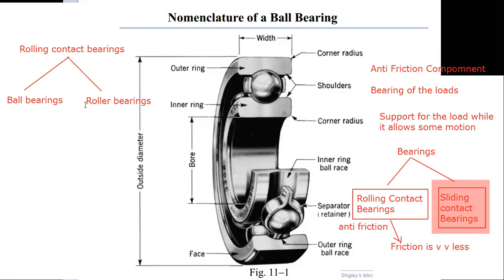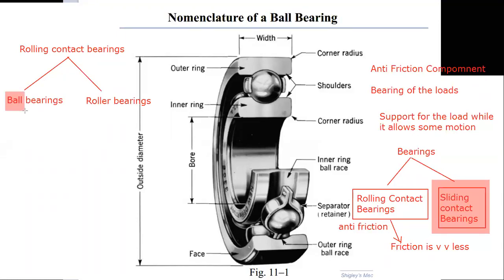In the rolling contact bearings, the ball bearings are very common. The roller bearings are very common. If you look at the ball bearings, they are those bearings that use balls, as the name represents.